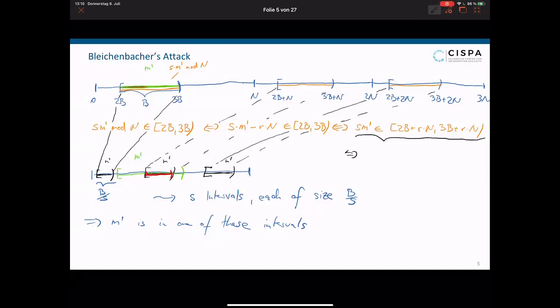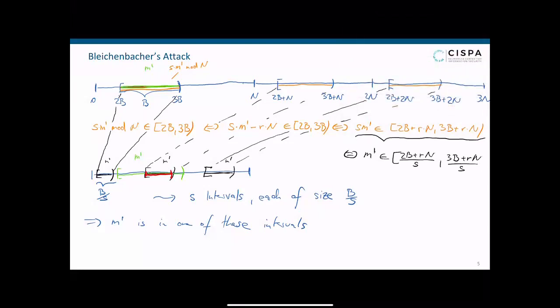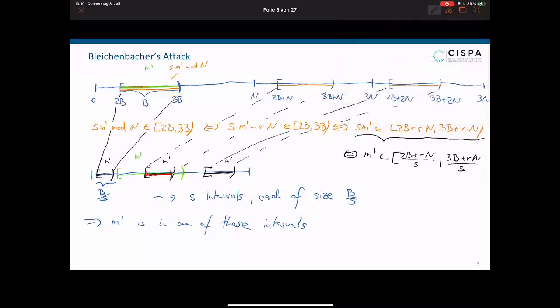So this is equivalent just by dividing both sides by S, that M prime is in the interval 2b plus Rn divided by S, comma, 3b plus Rn divided by S. This is not including the right side, right?